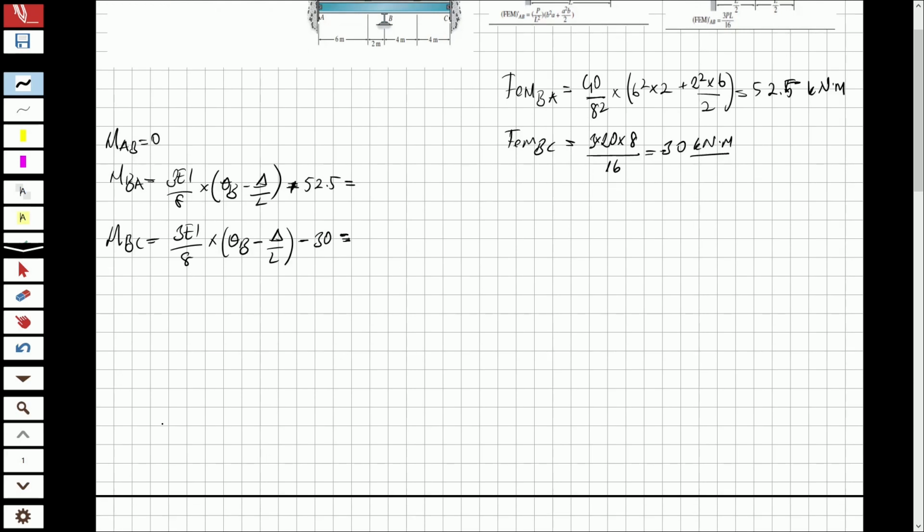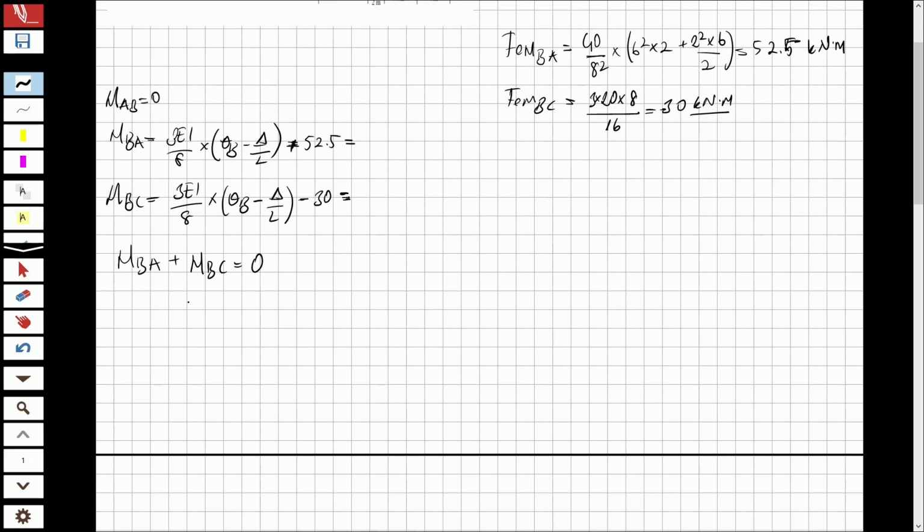So let's make this the equation. The moment at BA and the moment BC will be equal to 0. From this, I will have 3 EI theta B over 8 plus 52.5 plus 3 EI theta B over 8 minus 30, equal to 0.